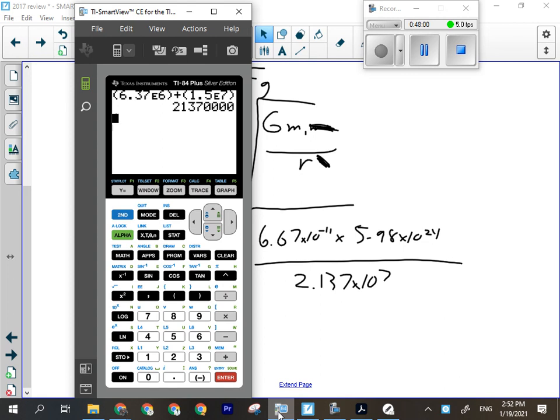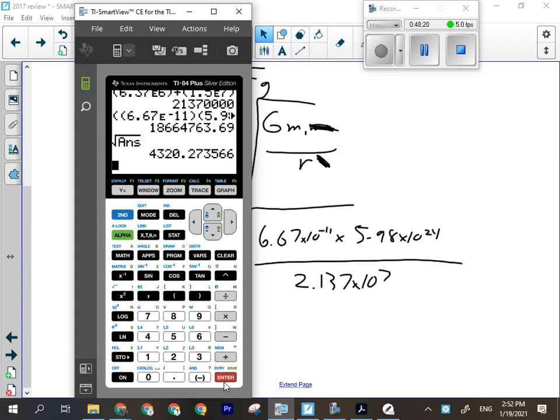So we'll have our 6.67 E negative 11 times 5.98 E24 divided by 2.137 E7, and then we square root that.